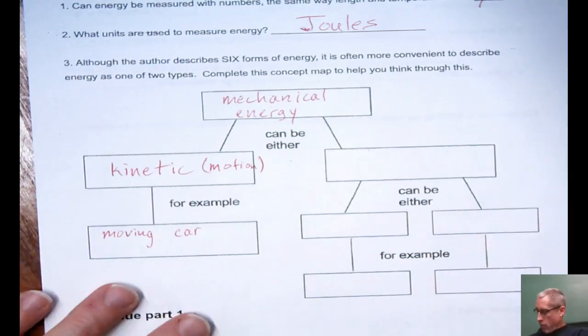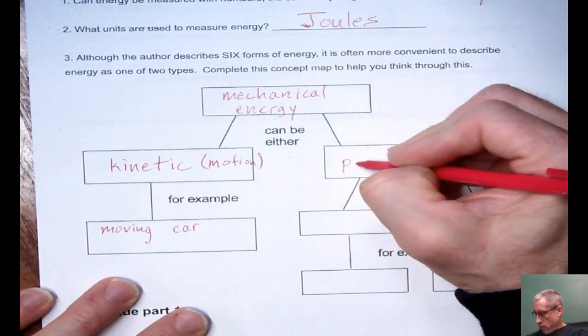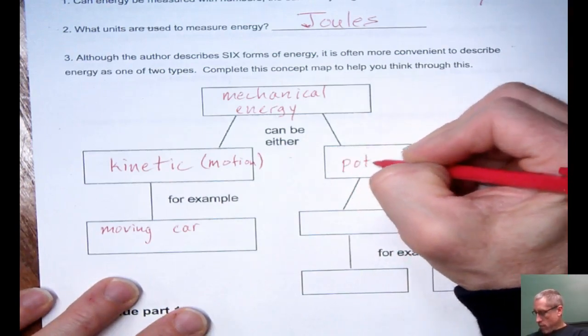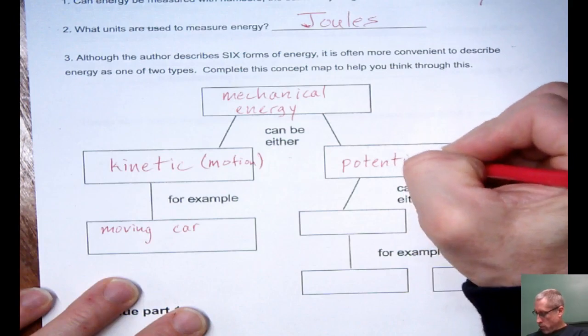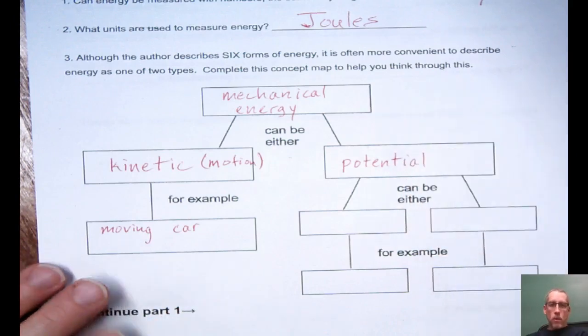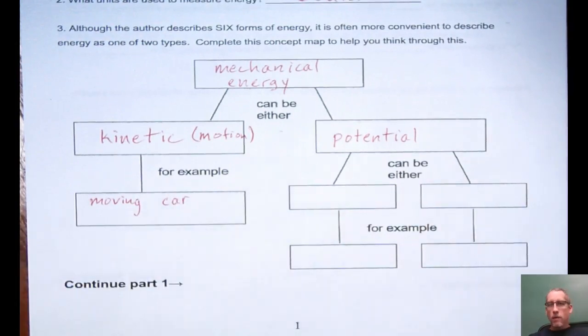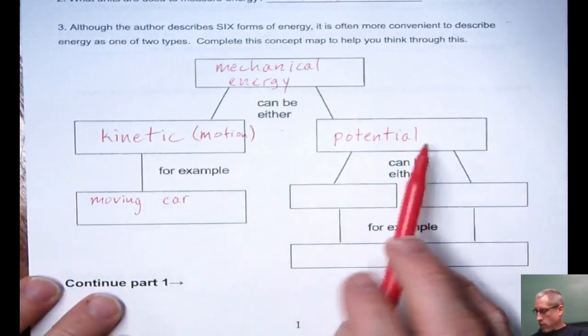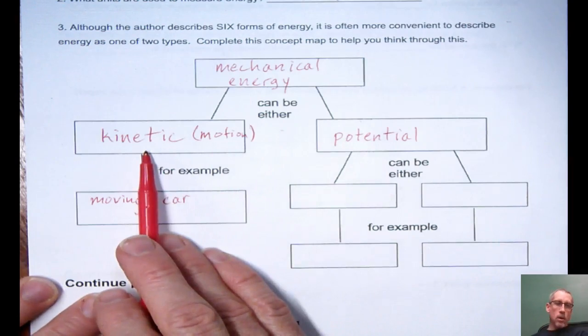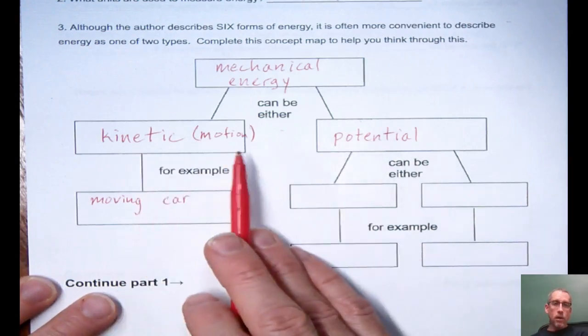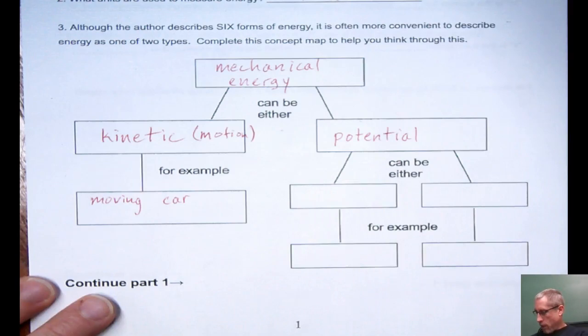Then there's another form that mechanical energy can take. It's called potential energy. That word can be a little misleading, but I sometimes like to think of it as something that could eventually turn into kinetic energy. It has the potential to turn into that, so it is said to have potential energy.